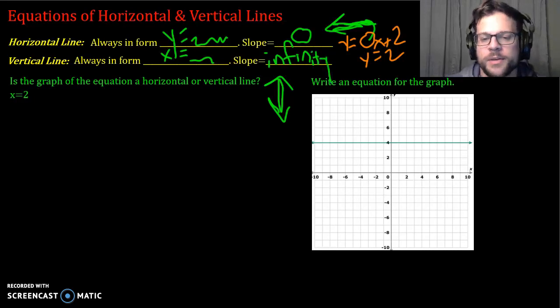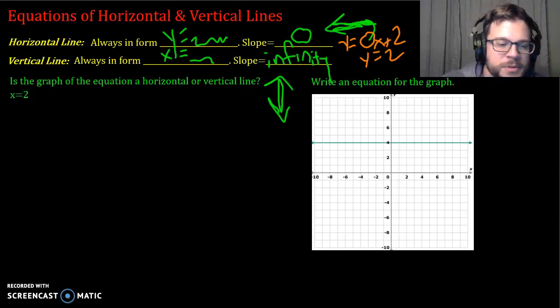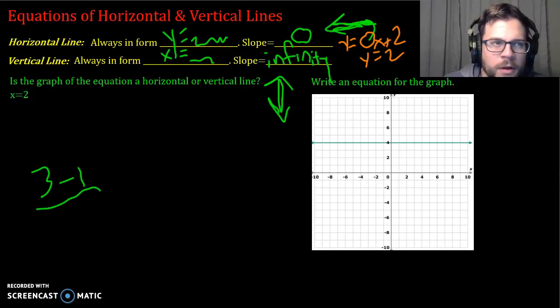Now, the reason why your slope is infinity is because you're looking at the changes of your y values divided by the changes of your x values. So let's just, for example, say that you have, plugging into your slope formula, 3 minus 1 over, I don't know, 5 minus 5.